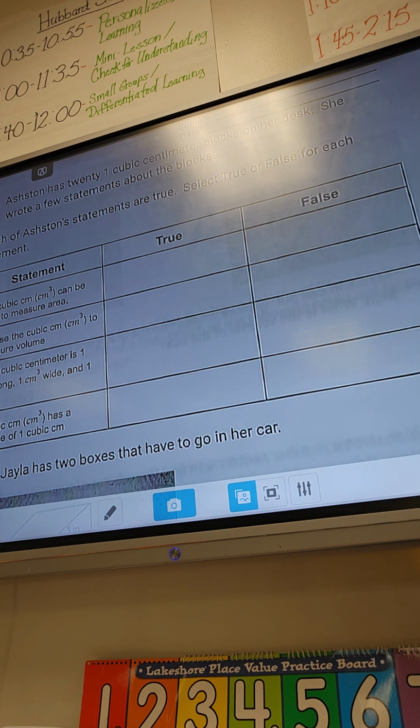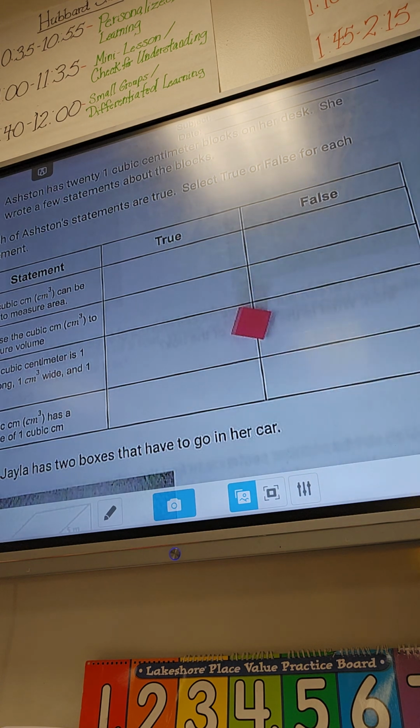She has 20 of these in her desk. She wrote a few statements about the blocks. Which of Ashton's statements are true? Select true or false for each statement.